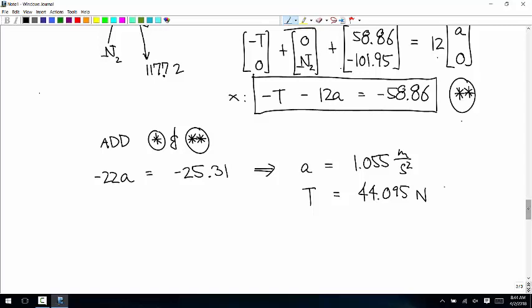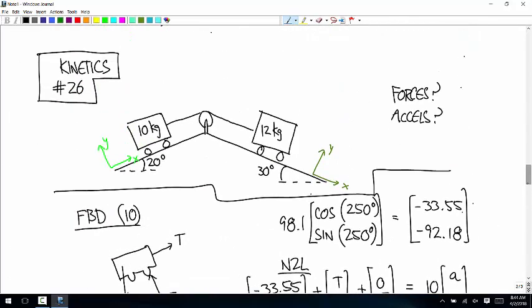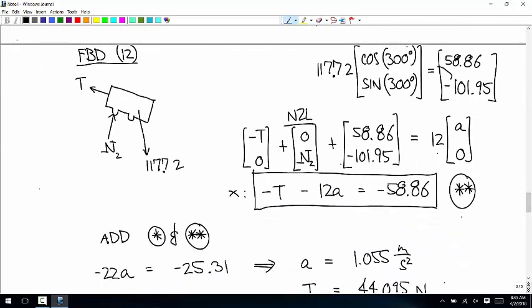And it makes sense that, intuitively, you know that they're going to be moving in their positive x directions. Okay. It is 1.15. Okay, 1.15. And then plug that back in for T.